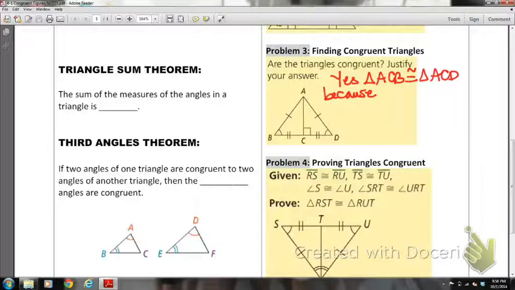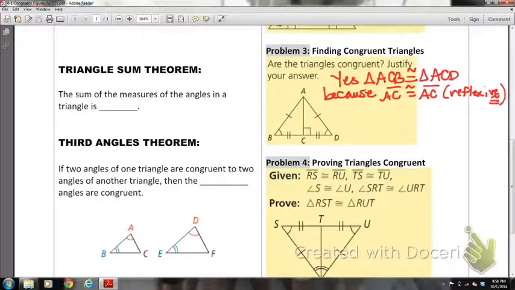We have segment AC. That's a side of both triangles. It's shared. Anytime you get a shared side, you can use the reflexive property to say that AC is congruent to itself because of the reflexive property of congruence.